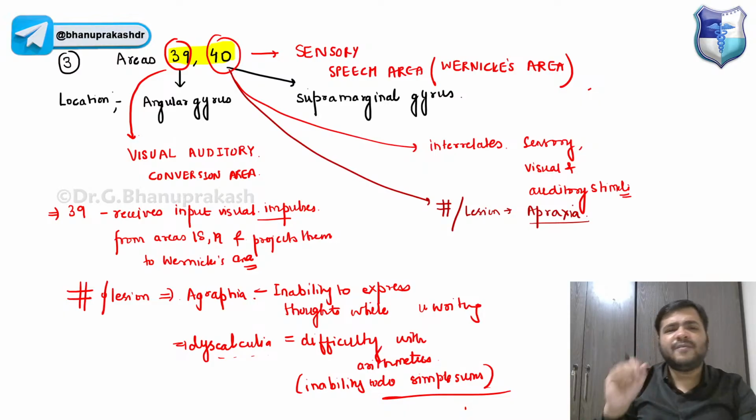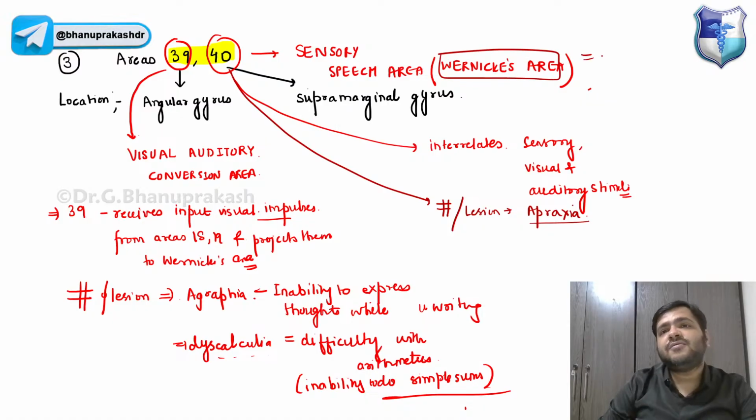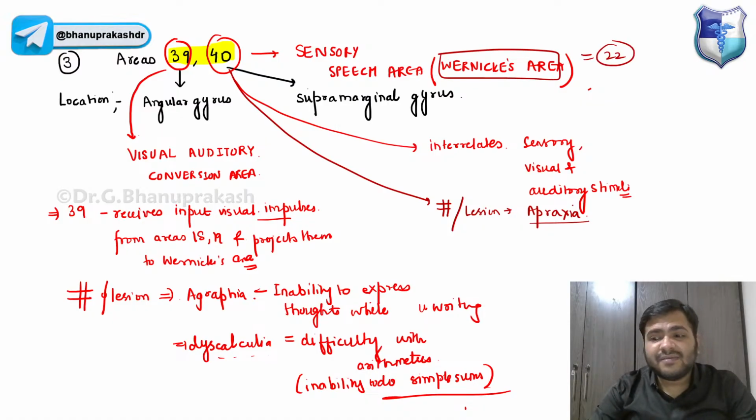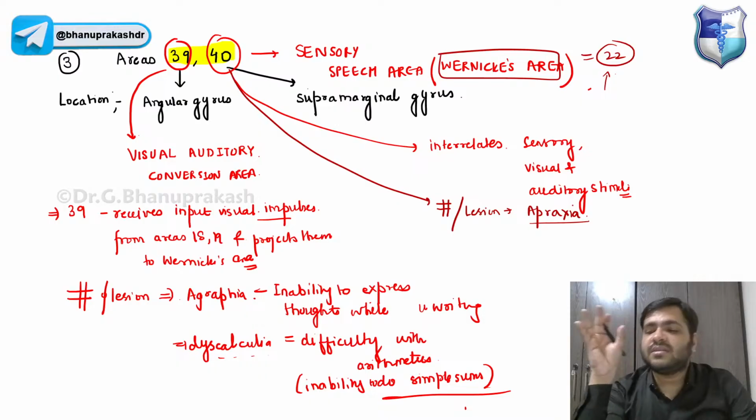Now guys, in physiology, if I simply say Wernicke's area, it is 22. Which is very much correct, I won't say it is incorrect. Area number 22 is the auditory association area.